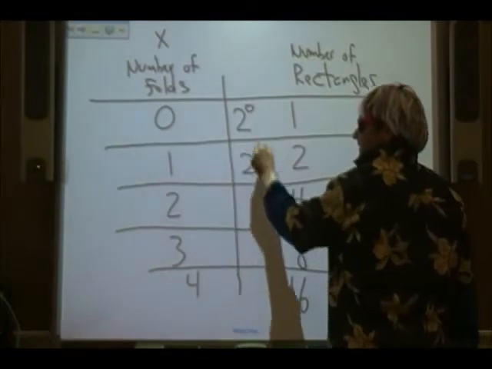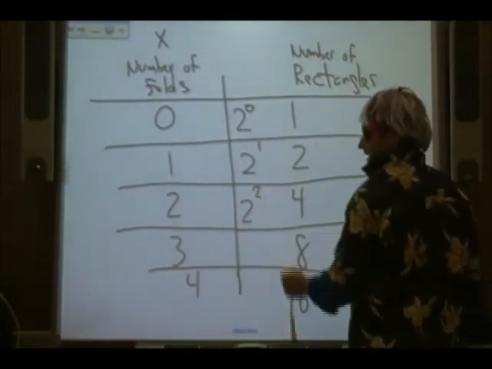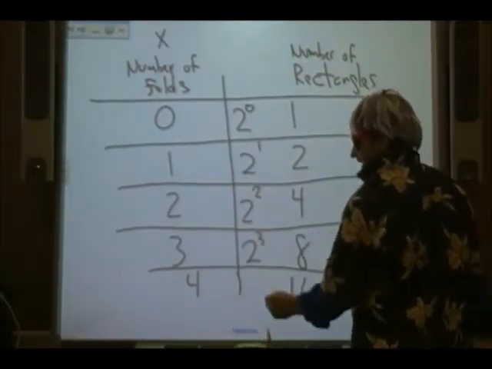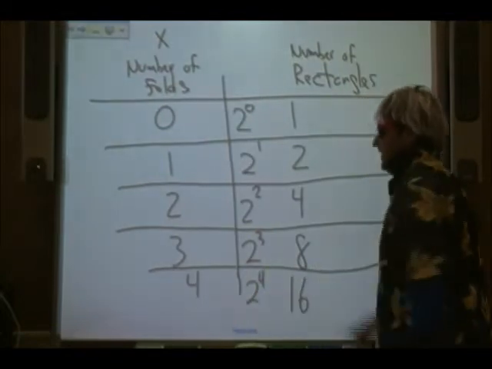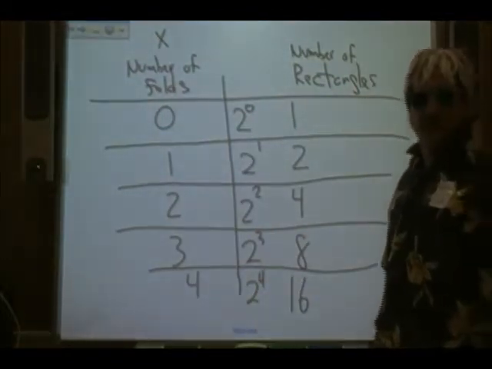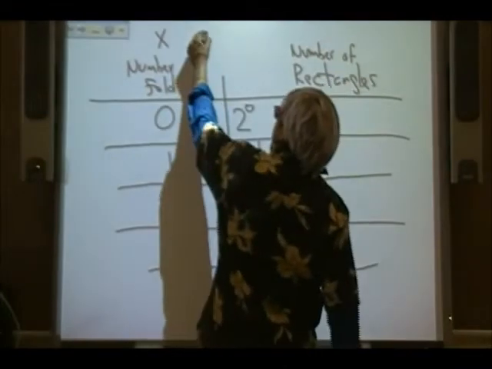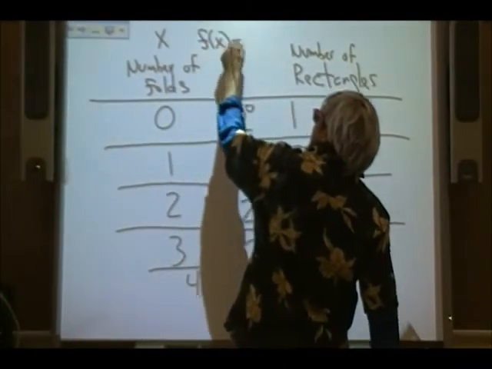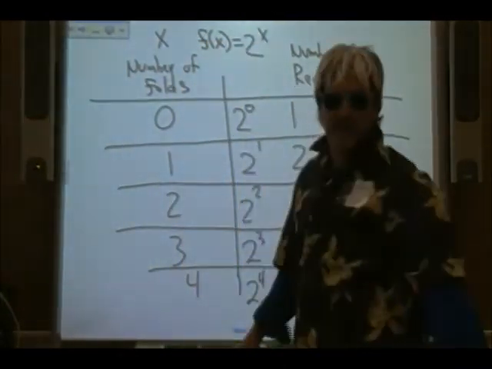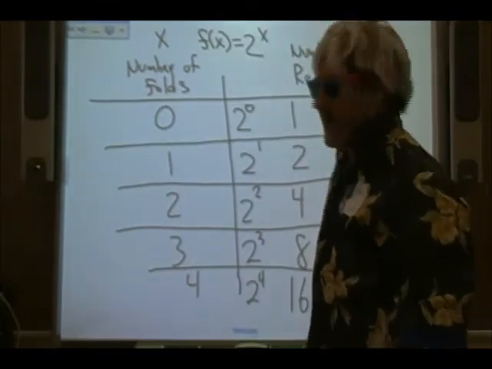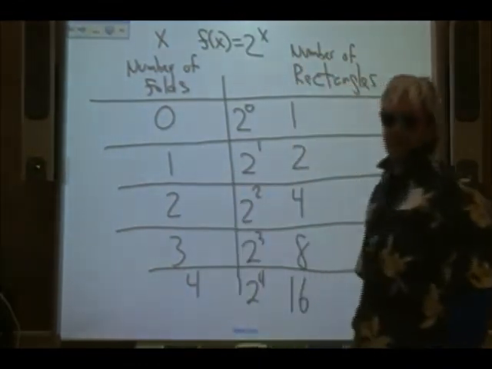This is 2 to the first, this is 2 squared, this is 2 to the third, and this is 2 to the fourth. That's how we got those numbers. So the function is really f of x equals 2 to the x.